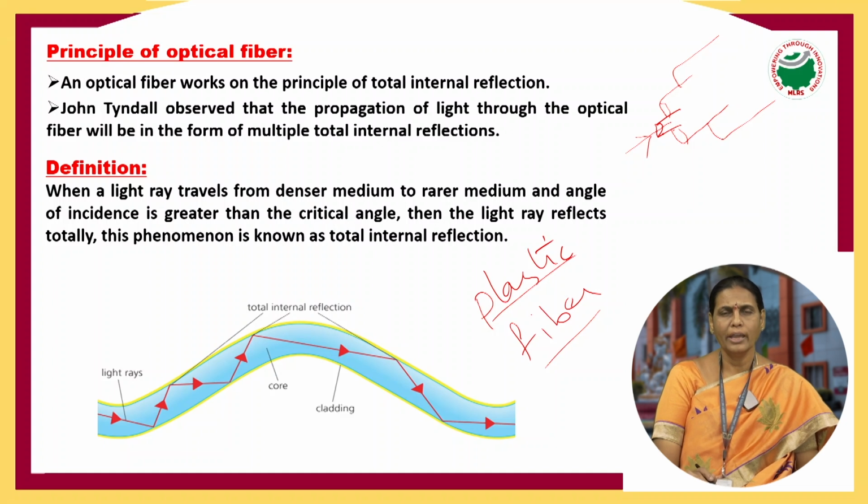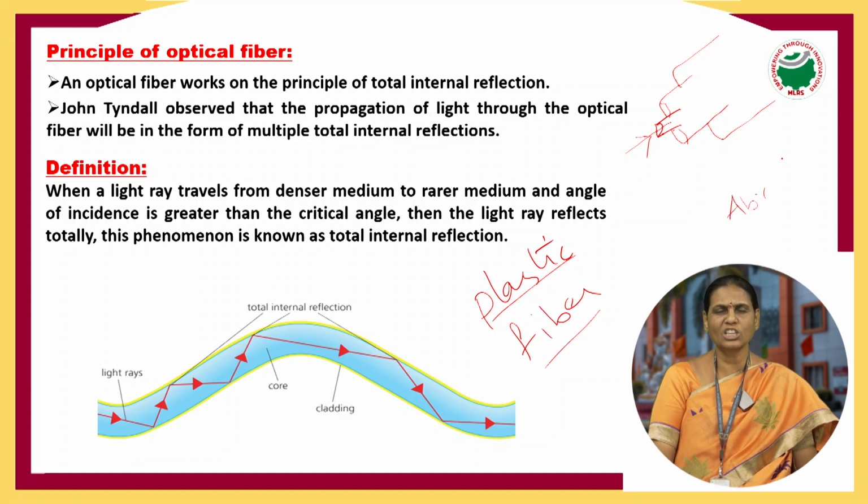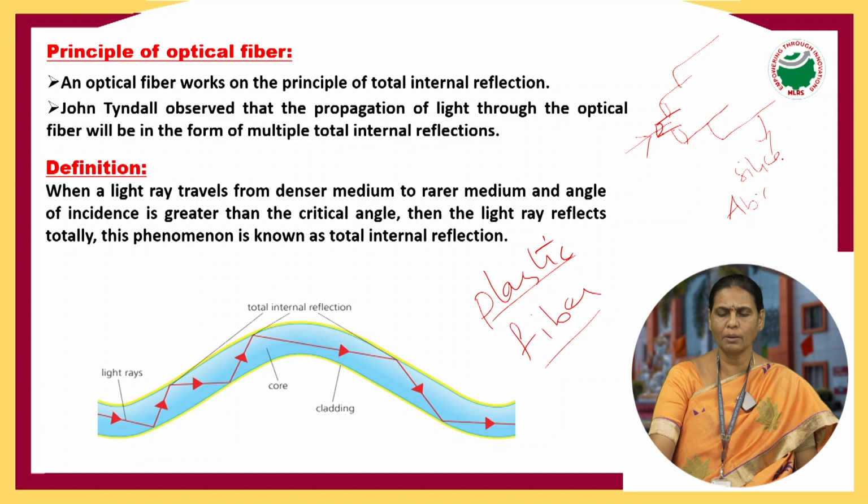Similarly here also, in order to avoid a phenomenon called aberrations, that is destruction in signals, we are using the buffer jacket. Generally this buffer jacket is prepared using silica type of materials. This buffer jacket acts as a protective layer for core and cladding.